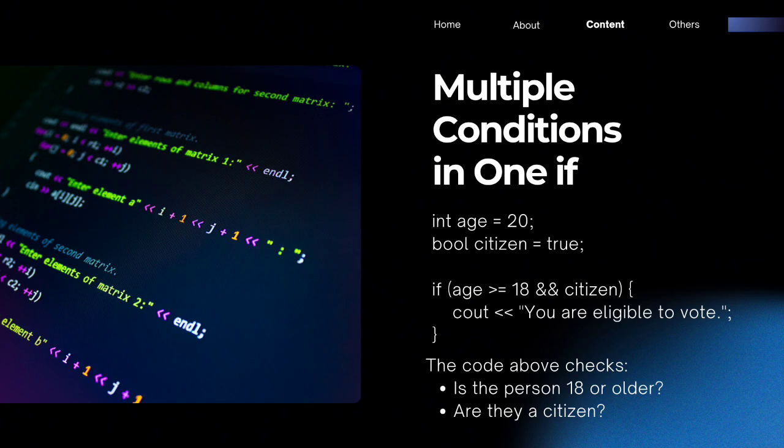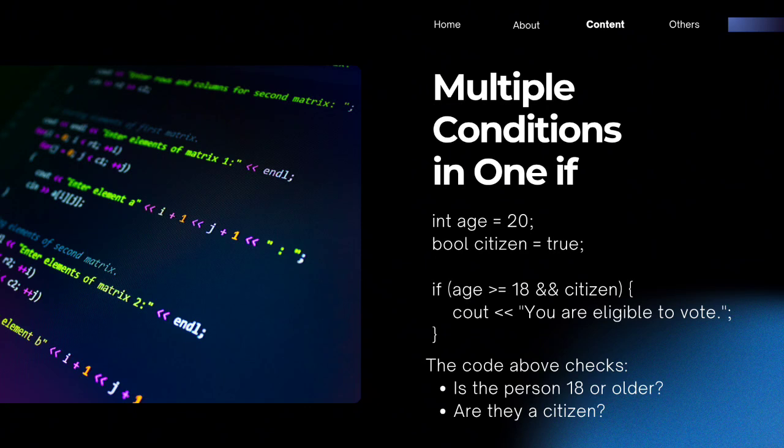If even one of them is false, like if the person is under 18 or not a citizen, the condition fails. If the condition inside these round brackets evaluates to true, then we would get inside this if construct and we would be able to print this statement.